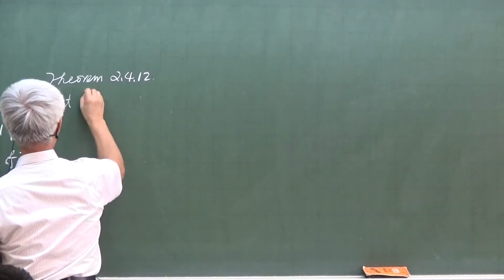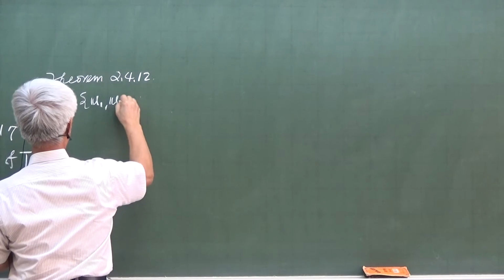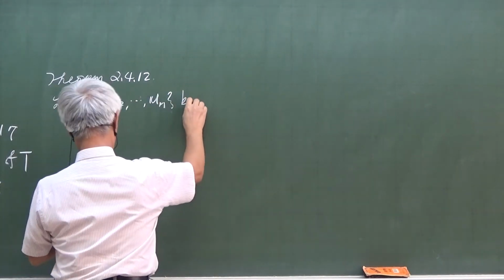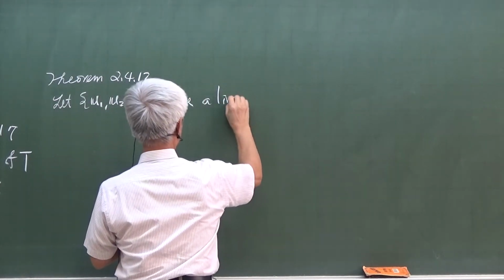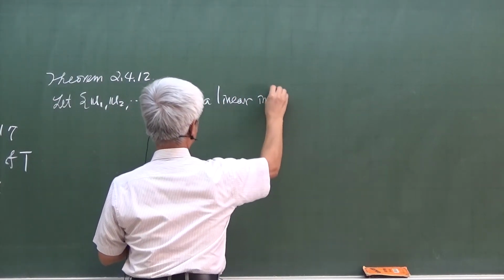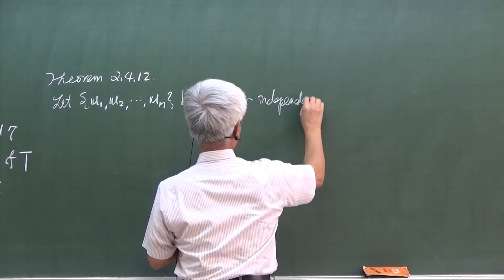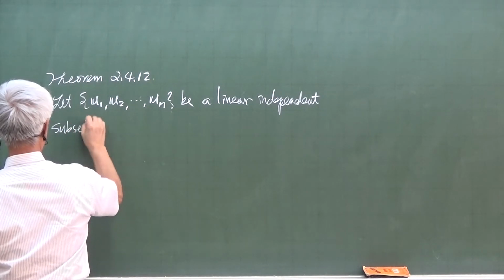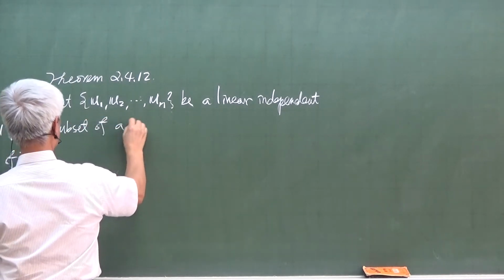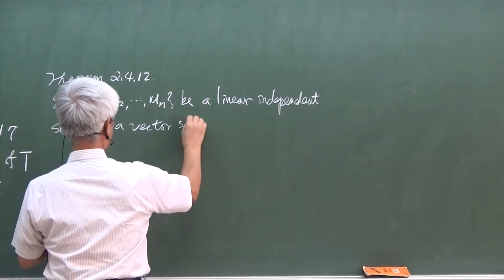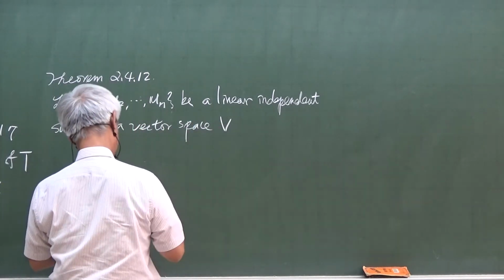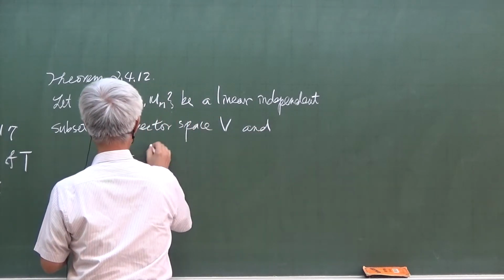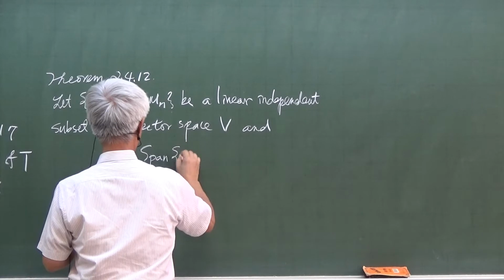Let U1, U2 up to Un be a linearly independent subset of a vector space V, and we have V equal to the span of this subset.